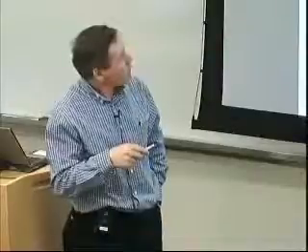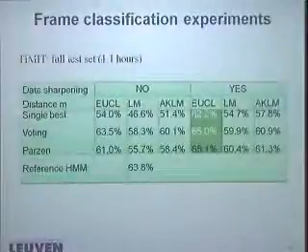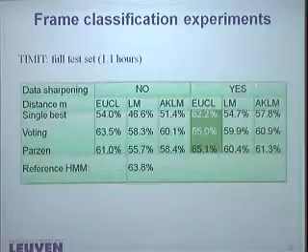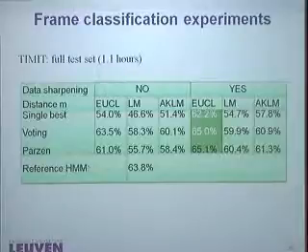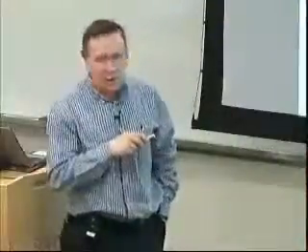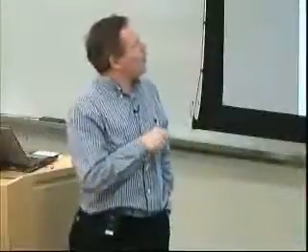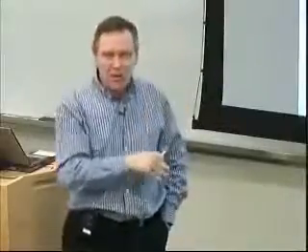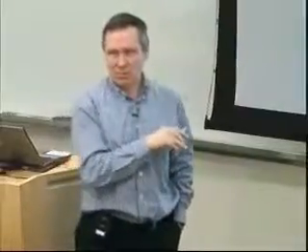Don't look at all the results, but look at the nice things. When you do data sharpening, everything in this column is better than this column. For this experiment, and for whatever experiment you will see after this, data sharpening helps: 5, 10, 15%.